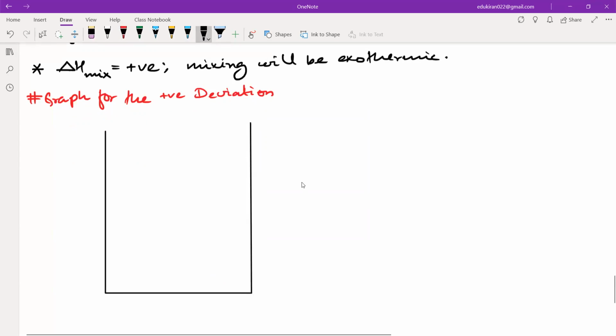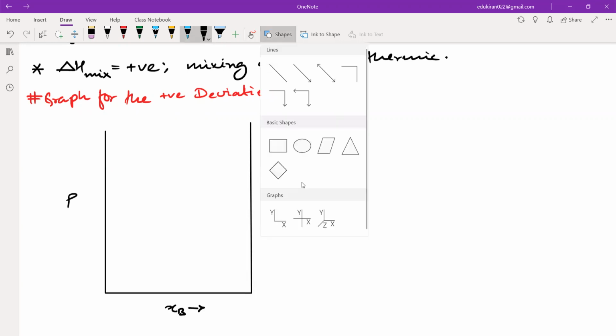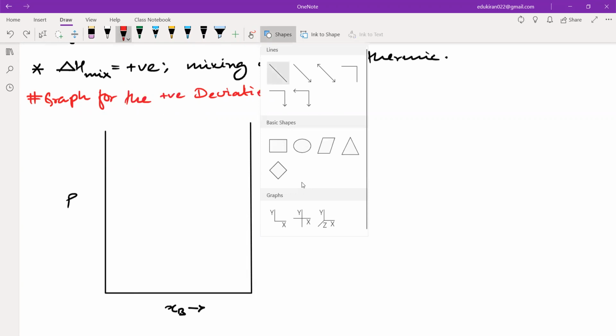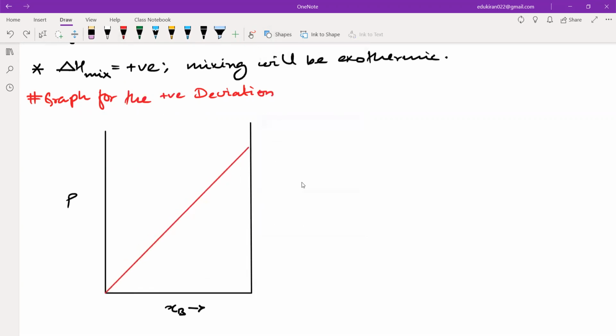So we all know that in Raoult's law, it is pressure here, and chi B is plotted here. There are lines like this, which denote the pressure of A, pressure of B. Similarly, we can have a line like this.